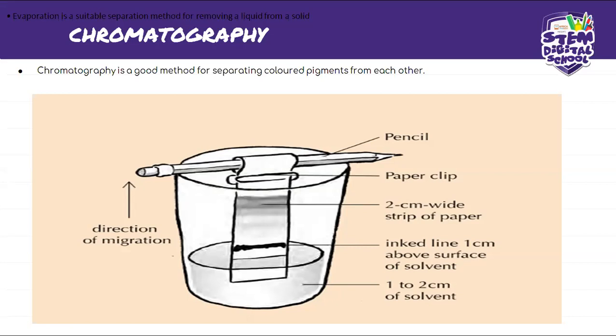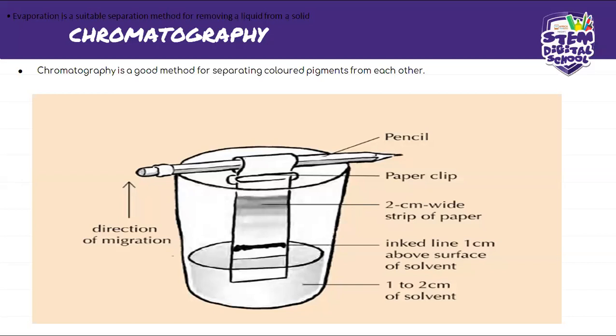So what is happening is that this is a pencil and a paper. You can use a paper clip and then you hang it on the pencil. Now when you put a dot of the ink somewhere at the upper level and just immerse a bit of it into the water, this tissue will start absorbing the water bit by bit.